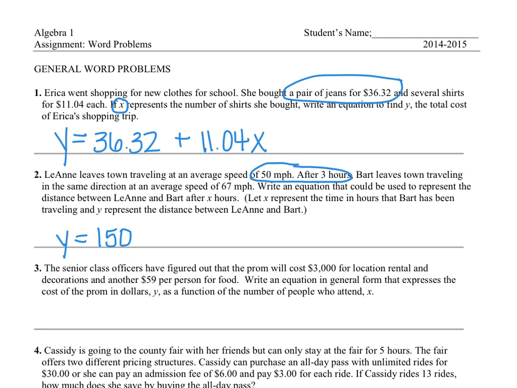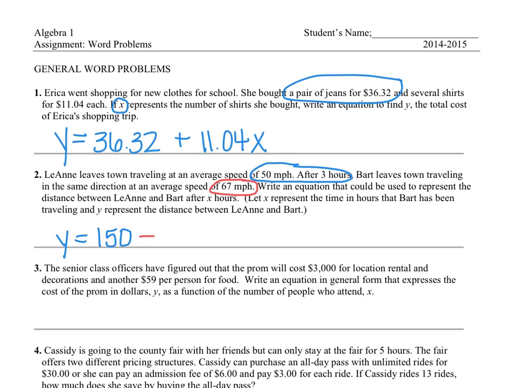But Bart is traveling faster than Leanne. He's traveling 67 miles an hour. So he's going to catch up, and the distance is going to go down. So 150 miles is the biggest their distance is, but that's going to go down because Bart's catching up.